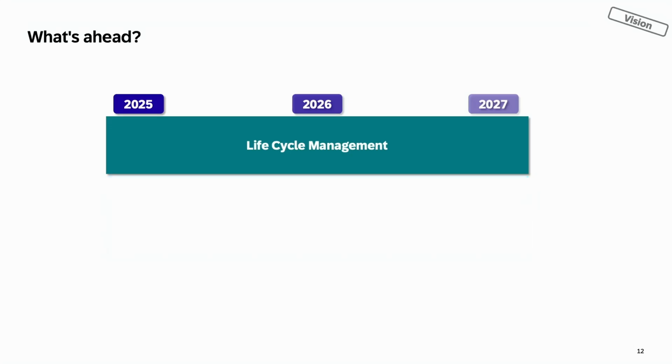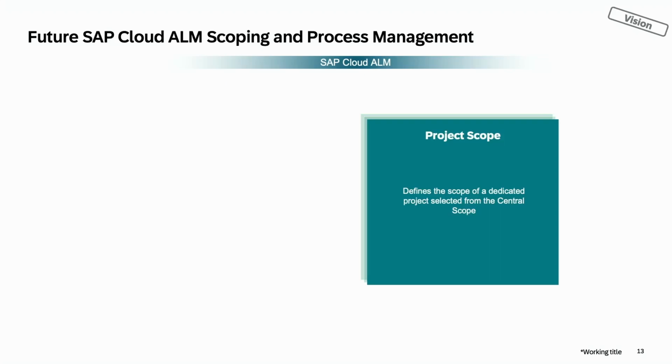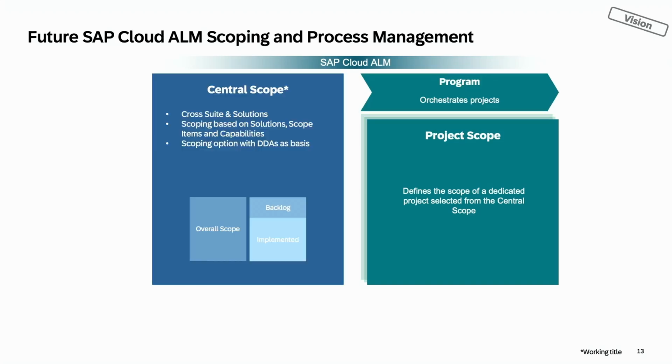So starting with the topic of lifecycle, I think most of you have seen this slide already with the project scope, the program on top of that, what we plan in addition, the central scope, and the new approach that comes with that.